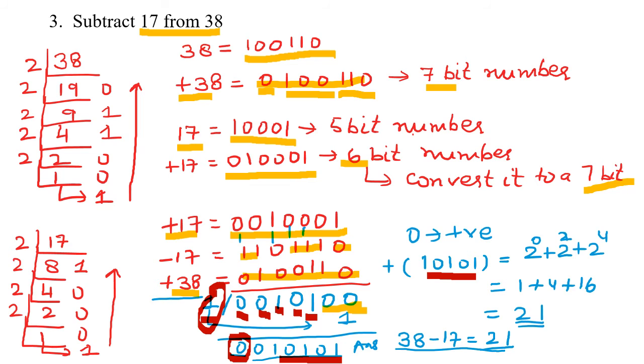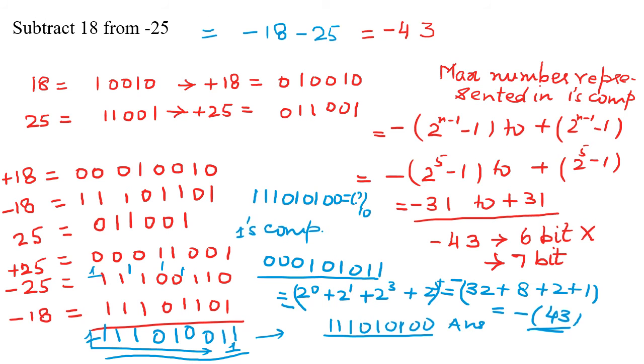Now you have to take 2 to the power 0 position, 2 to the power 2 position, and 2 to the power 4 position. So it is 2 to the power 0 plus 2 to the power 2 plus 2 to the power 4, which makes it 1 plus 4 plus 16, that is 21. And you can see 38 minus 17 is also 21. So our result is correct.